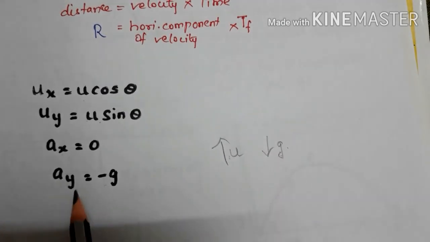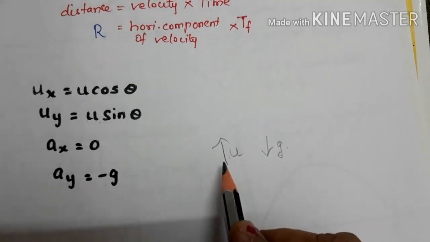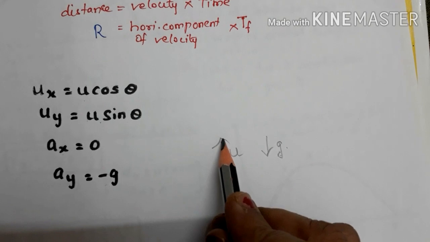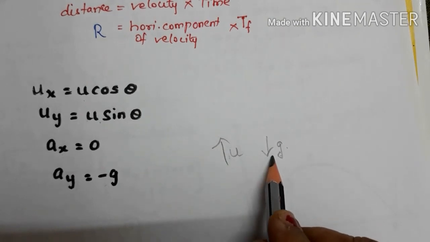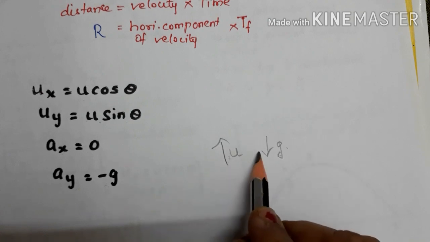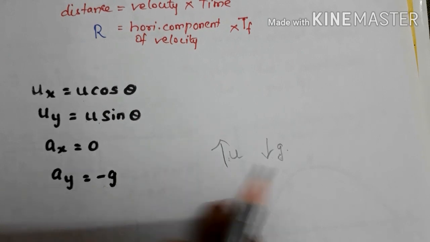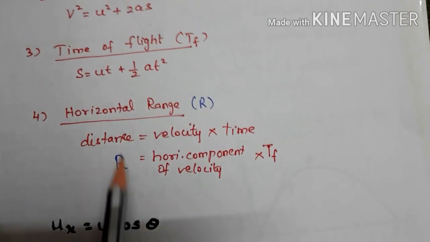Now why is this acceleration negative g? Already we know that the velocity you are giving to the particle is in the upward direction, whereas the gravitational force acts in the downward direction. Both are in opposite directions, so g you will always take as negative. This we have already discussed in the previous video, right?